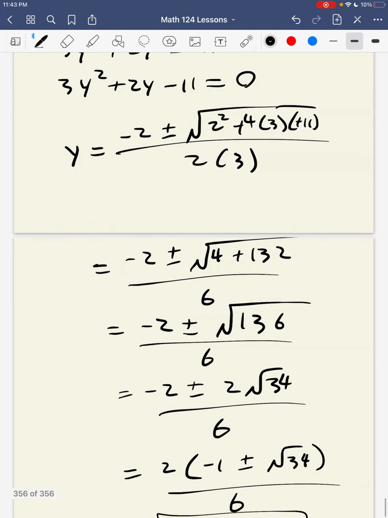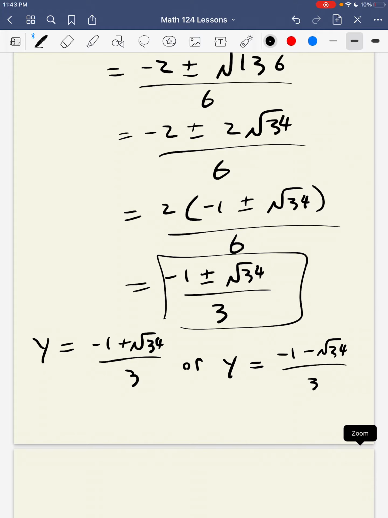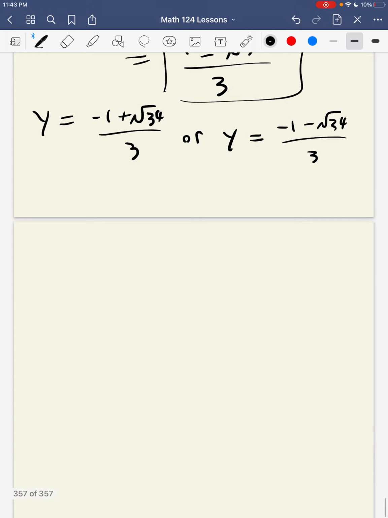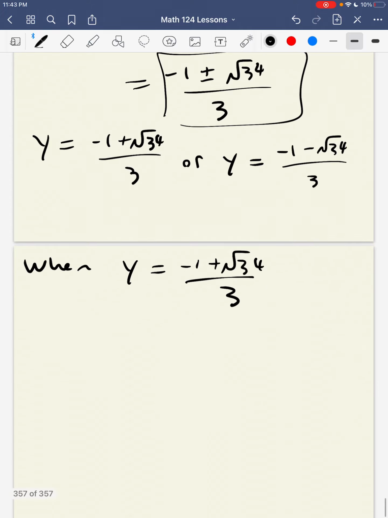So we have 2 answers for y. Either y is -1 plus root 34 over 3, or y is -1 minus root 34 over 3. Okay, so we got to think about every case. When y is -1 plus root 34 over 3, let's solve for x.